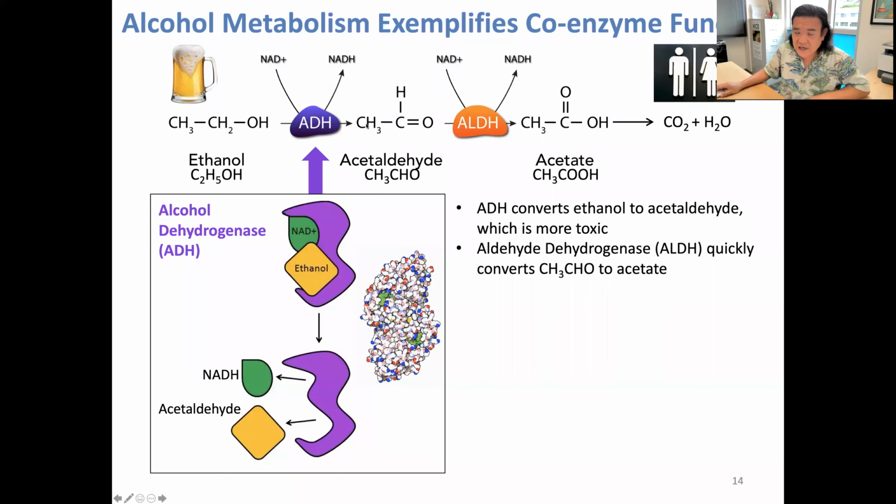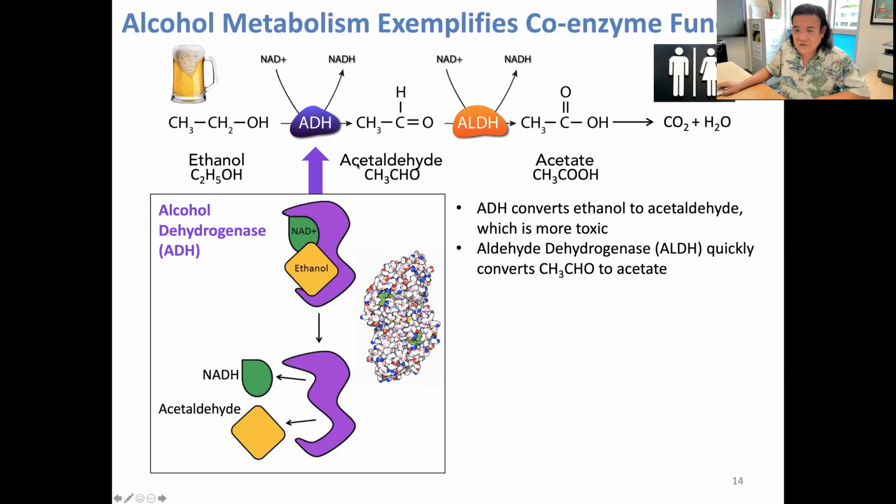From that acetaldehyde, another protein, aldehyde dehydrogenase, is the right shape to bind the acetaldehyde and another coenzyme NAD+, and it converts the acetaldehyde into acetate. And then that acetate goes on and on. Another series of enzymes eventually breaks it down to carbon dioxide and water, which we just release as waste.